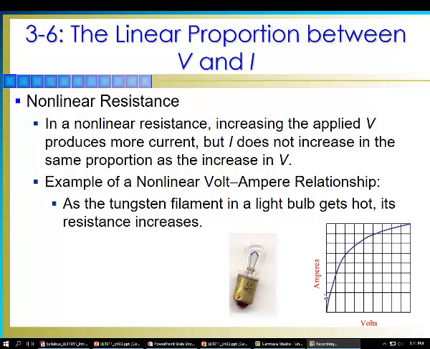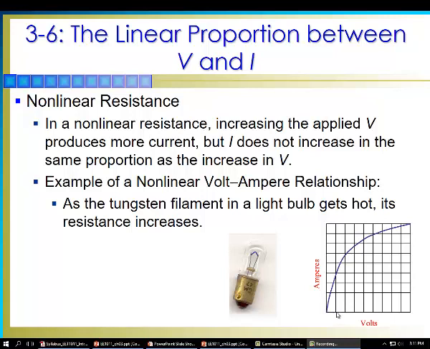Okay, so as you can see right here, the current goes up as the voltage goes up, but they're not proportional. Like from 0 to this point right here, for example, the increase in current was huge, 4 times the voltage.